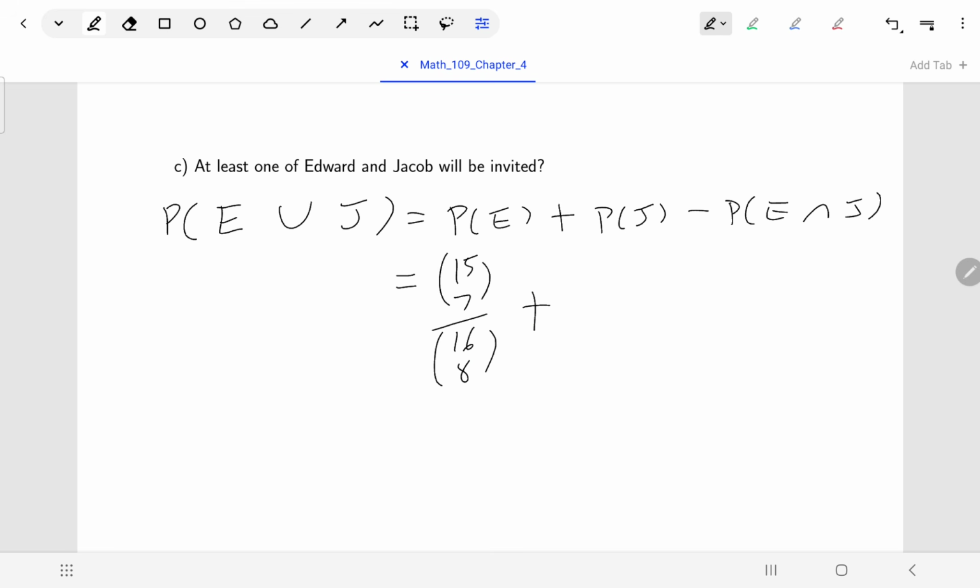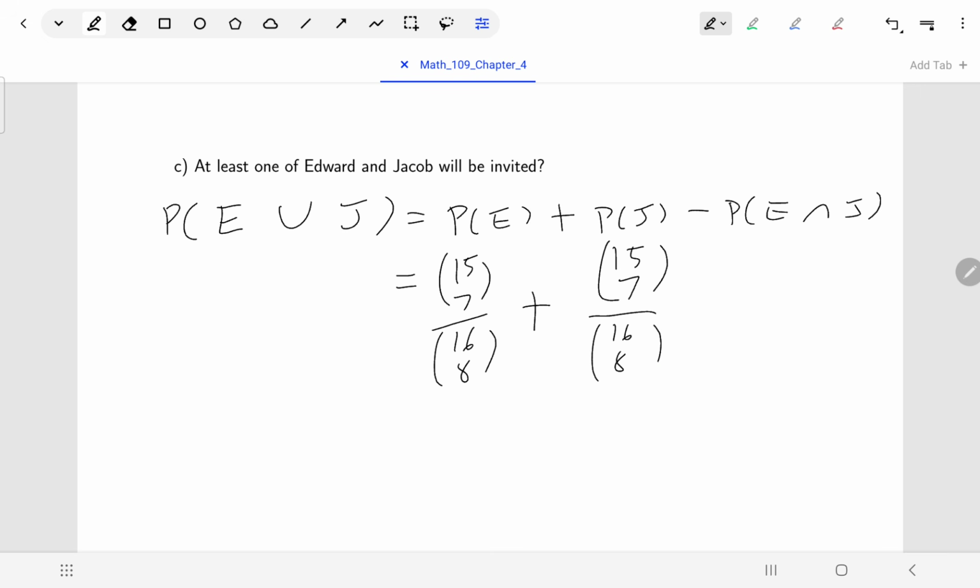And we could reason for the same reason why for Edward it's 15C7 out of 16C8. It should be the same thing for Jacob, because if Jacob were coming to the party, then there would be 15 other friends, and we would have to invite 7 of those other friends to join Jacob to make our group of 8.